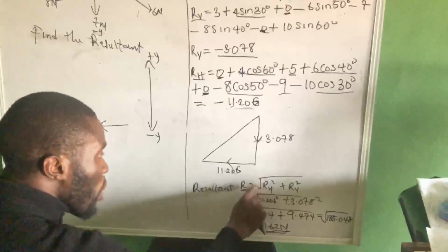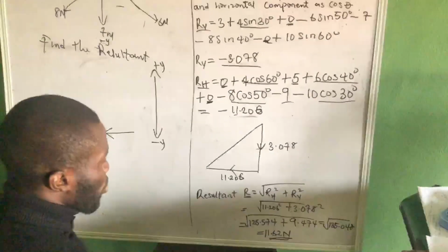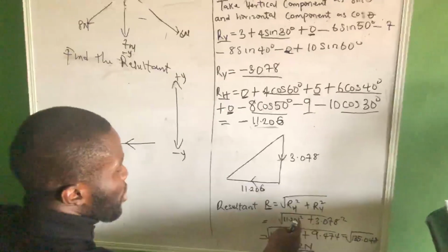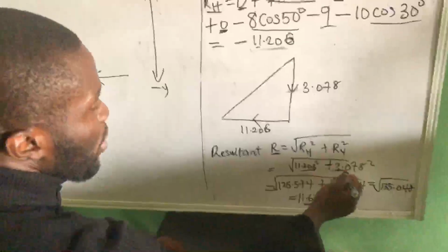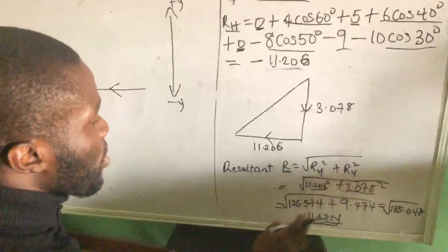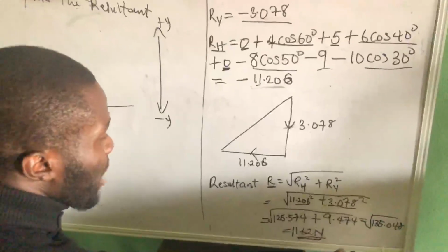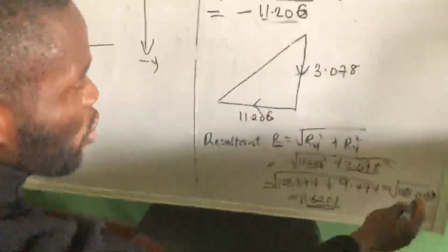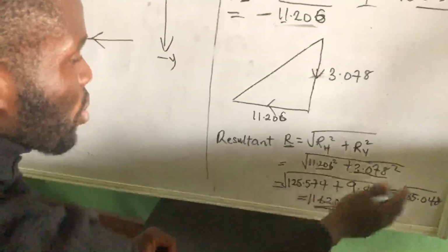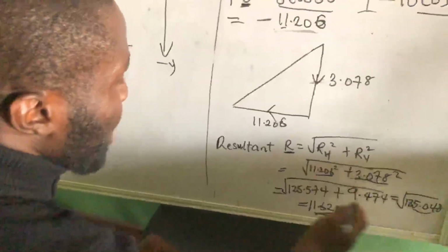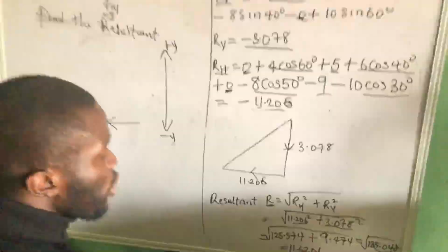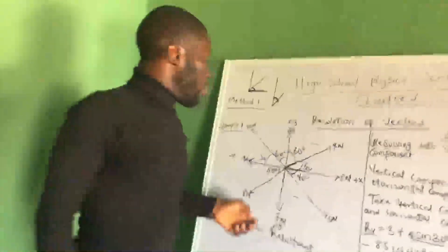So R now will be square root of RH square plus RV square. So that will be 11.206 square plus 3.078 square. So if we solve that, we will have square root of 135.048, and that is 11.62 Newton. So that's one way of resolving this.